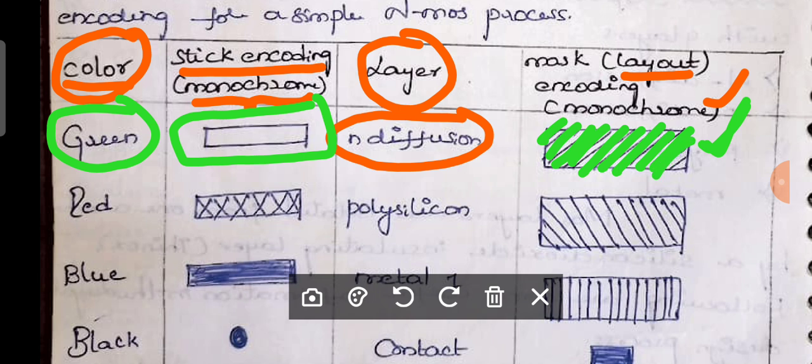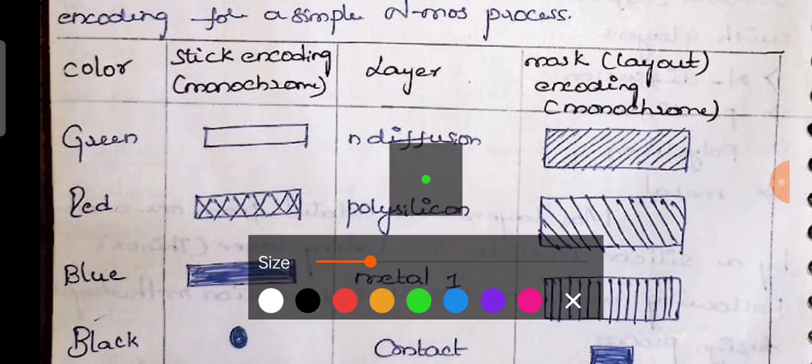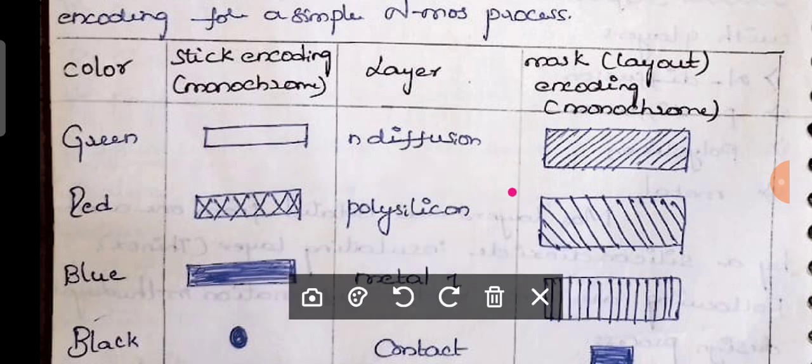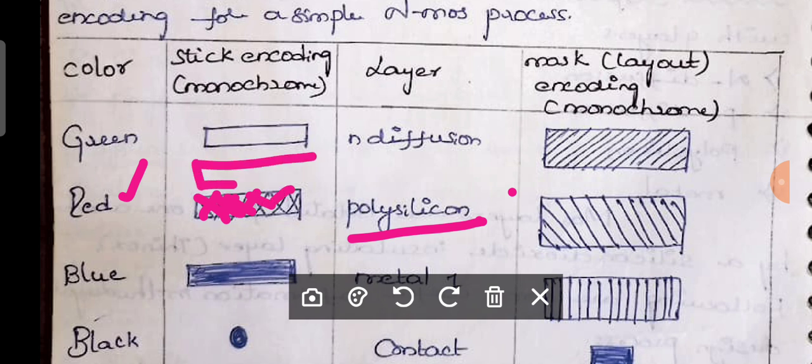Is it clear? Now coming to the next one, which is the polysilicon layer. The color of polysilicon is red. Here it is one type of representation, but don't forget I represented it in this fashion for the stick diagram, or else you may represent it in this fashion.